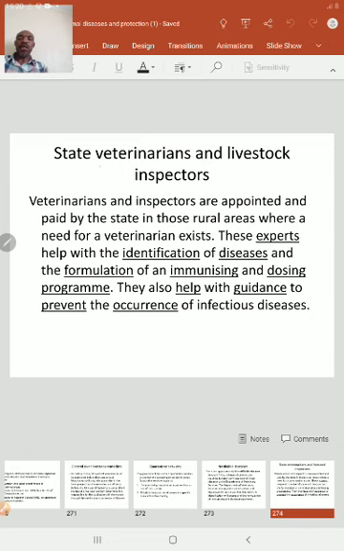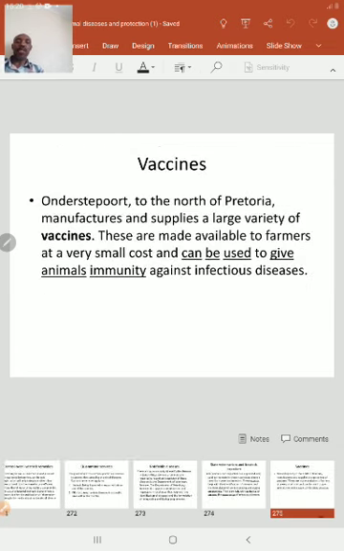The state also provides state veterinarians, these experts, who identify diseases and formulate immunizing and dosing programs, and guide the farmers on how to prevent the occurrence of these infectious diseases.